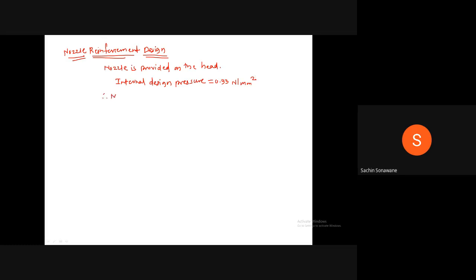Therefore, minimum nozzle thickness Tn is equal to P into Di divided by 2F into efficiency minus P.